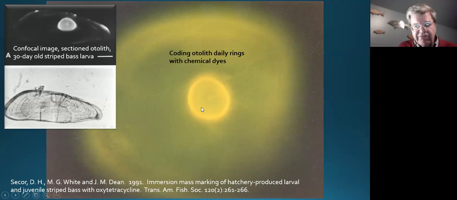So here's the mark at 5 days, and this is the rest of the otolith at 30 days. And this is a kind of permanent record. And I can mark them at different days. I can do multiple marks. So we can actually code larvae by marking them in this way, at least for hatchery fish.